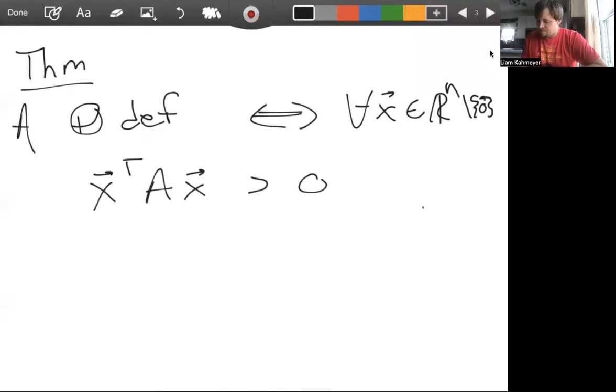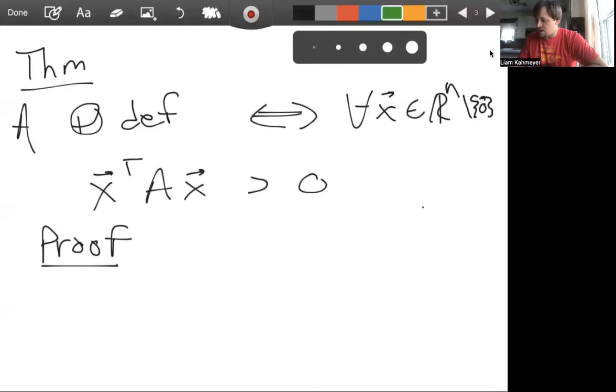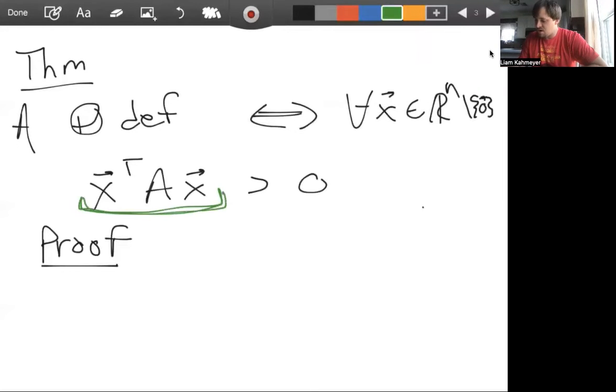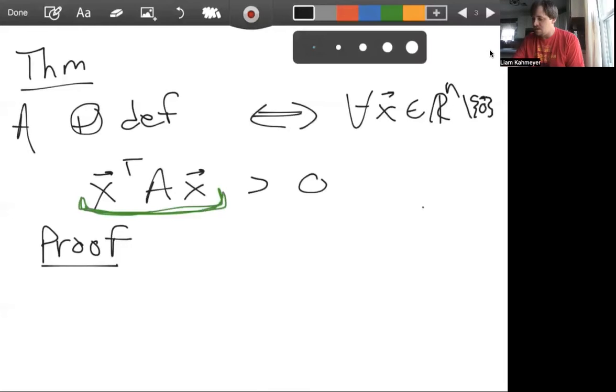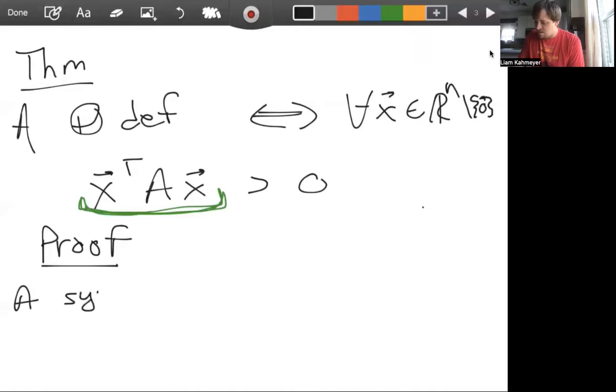So let's prove this. Before we prove the forward and backward direction of the if and only if, let's first see how we can understand this product here, right? Well, we can understand this product a little more explicitly by using the properties of A to our advantage, right? So since A is symmetric, and we're assuming that in both directions, right?